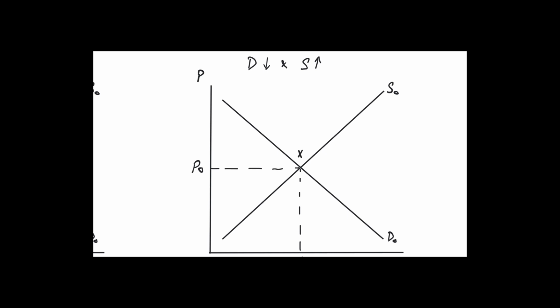Alright, so if demand is going down, we'll shift the demand curve to the left, that's our D1. And supply is increasing, so it's going to shift to the right. Our final equilibrium is at point Y over here with the same quantity, but the price is going down.